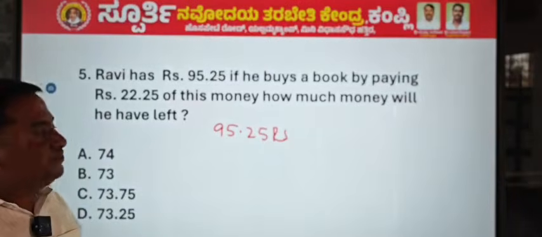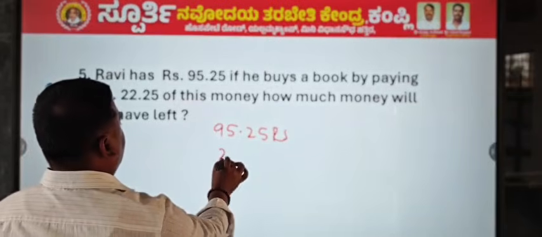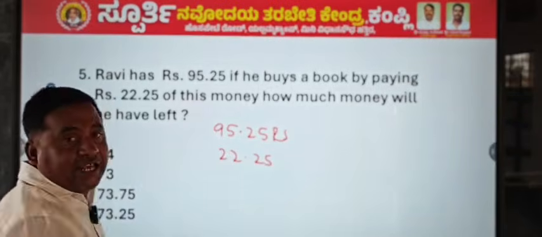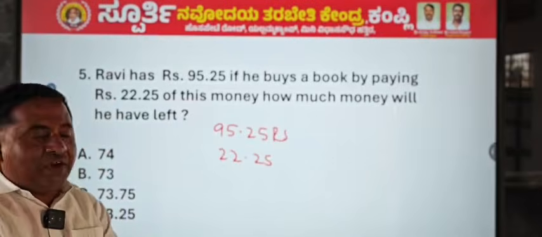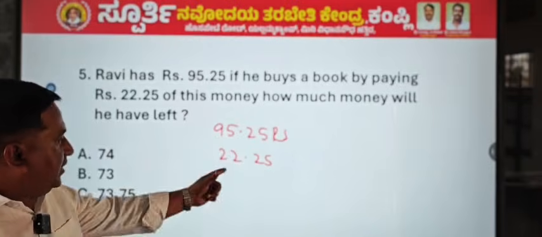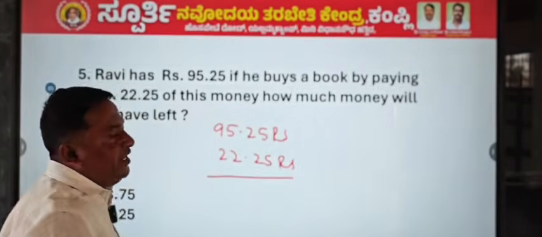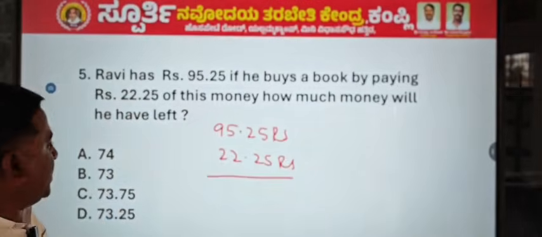He buys a book by paying 22.25 rupees. He has 95.25, but he buys a book by paying this much money, 22.25 rupees. How much money will he have left? You have to subtract here.